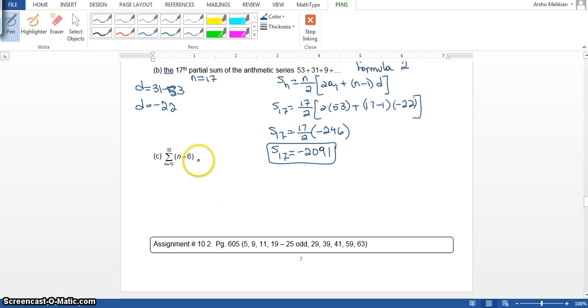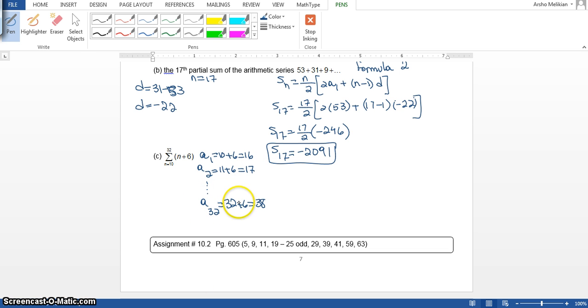So A1 is 10 plus 6, 16. A2 is the next one, 11 plus 6, 17. And so on and so forth. AN, the last one, is when n is 32, which is 32 plus 6, 38.